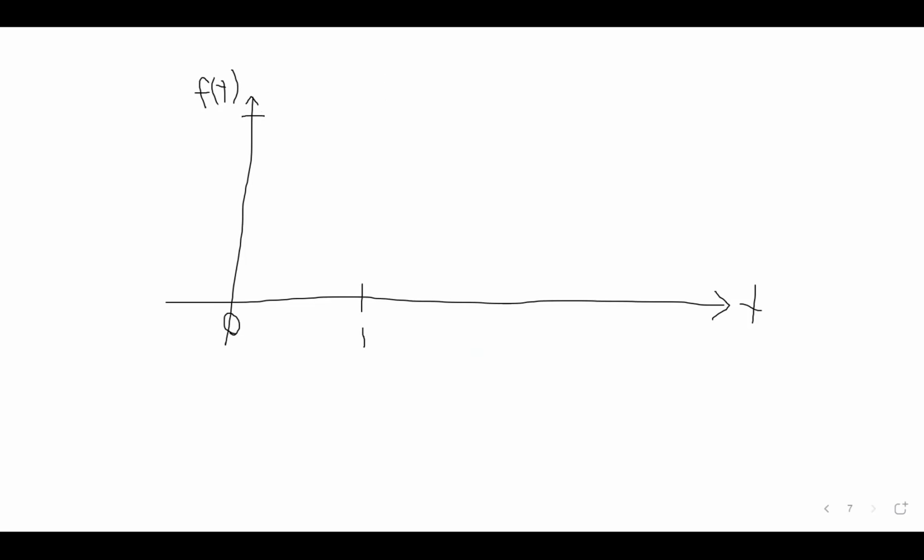Okay, so let's say we look at the graph of f of t here. It goes to 0. And then we have this open point that doesn't include that value. It doesn't include the left endpoint either, but then 0 everywhere else. So this is the graph of y equals f of t.